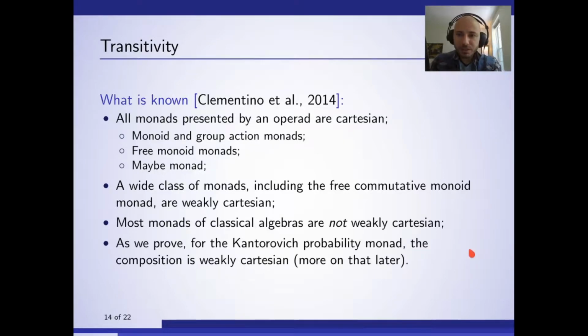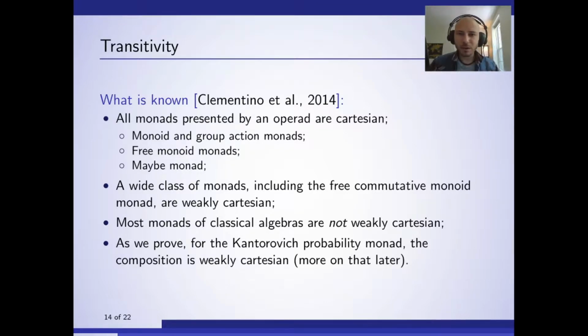The case that interests me the most, since I work in probability theory, is probability monads, in particular the Kantorovich monad and the distribution monad on sets. For those, composition is weakly Cartesian. Unit is not, but we don't care. We want composition to compose partial evaluations.